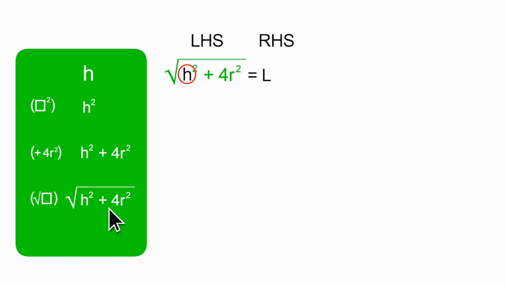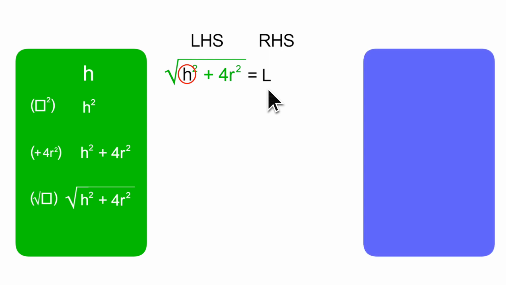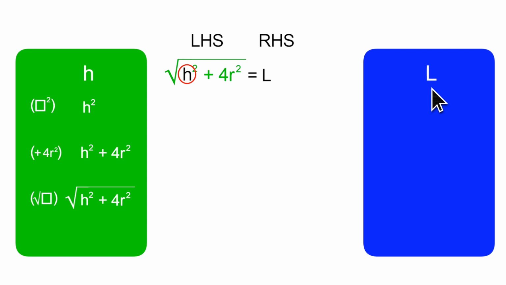We now need to make h the subject of the formula. So we are going to build up an expression on the right-hand side of the formula, starting with L, and we're going to do the exact opposite to what we did here when building up the expression on the left-hand side of the formula. The first thing we are going to do is the opposite of finding the square root, which is to square both sides. So we end up with L squared.